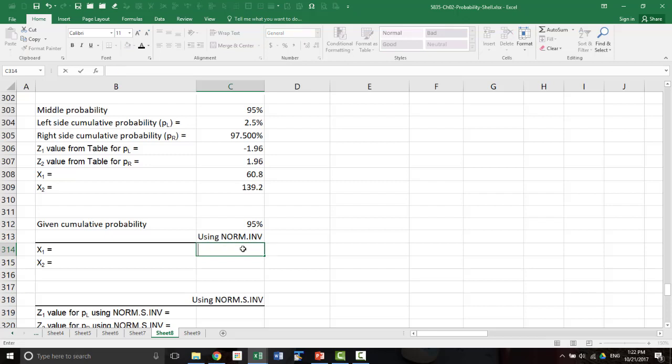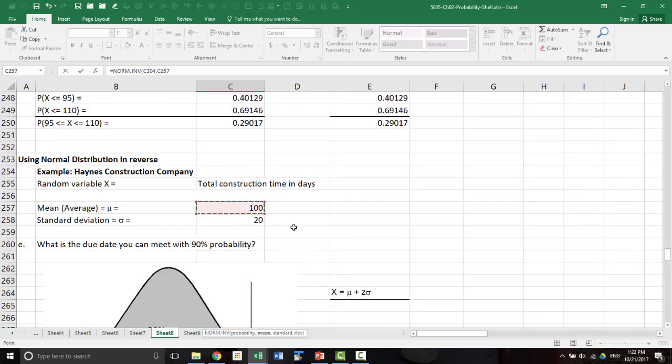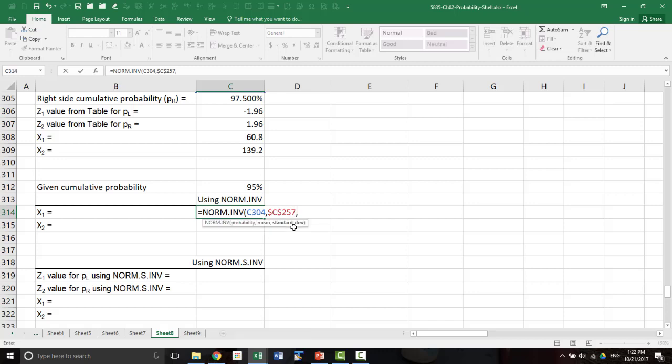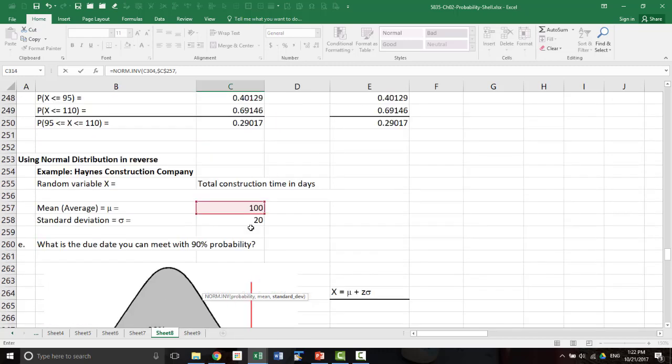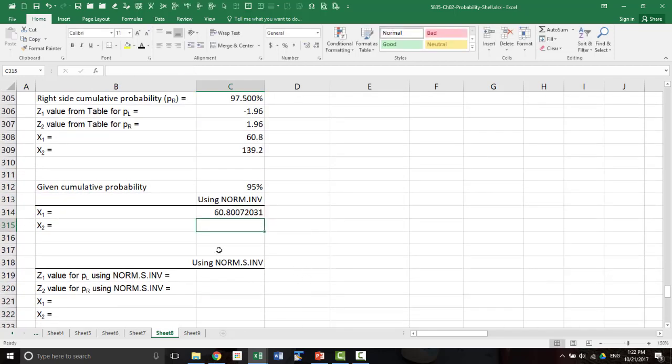So now use norm.inv, right? So that's the first cumulative probability, then mu, absolute reference, standard deviation, absolute cell reference. So then we get the left side value of x. Now copy that down, get the right side.